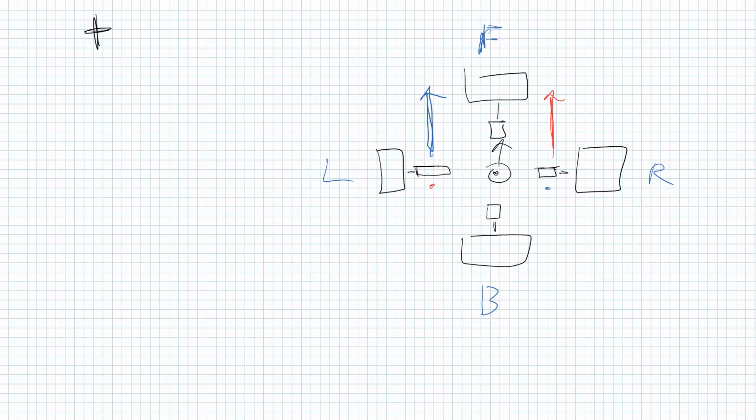So before we get started, what am I trying to say here? Let's write down some things. We're going to assign values to these things, so we're going to have left and right and forward and back.